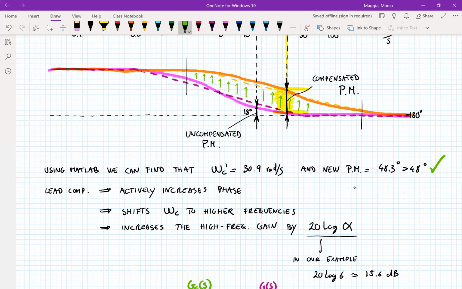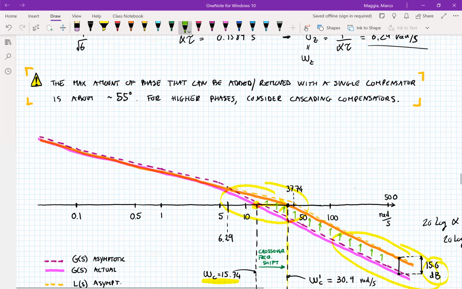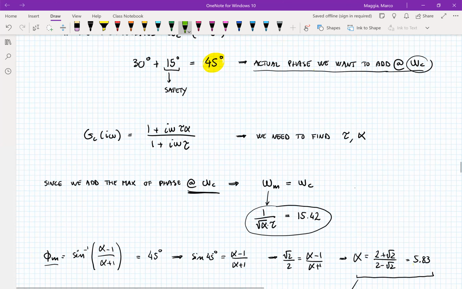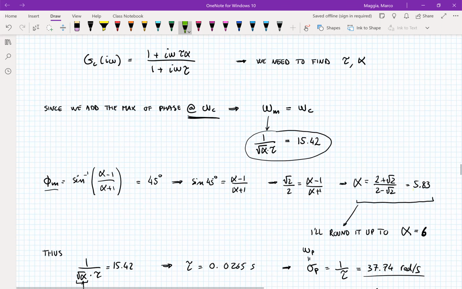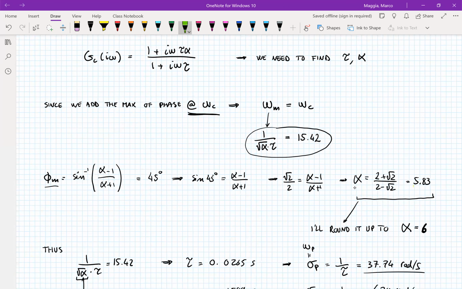So we've met the requirement. Just barely though. So we really needed those two safety precautions that we chose, that is that extra 15 degrees and also rounding up alpha to a slightly higher number.